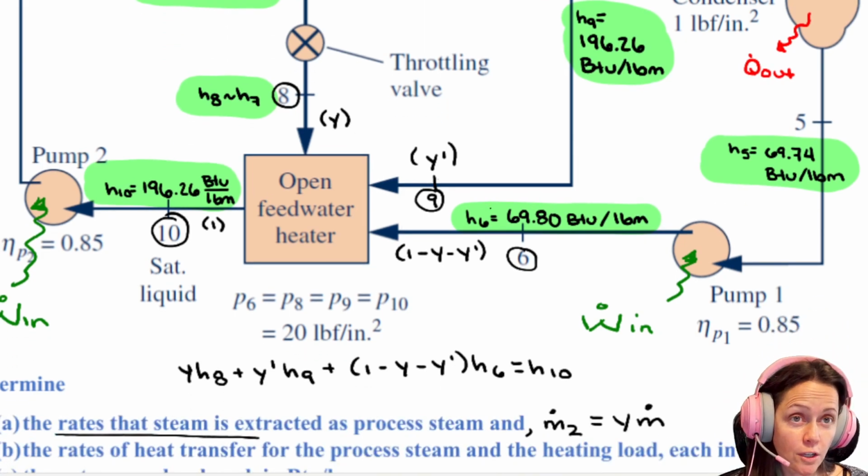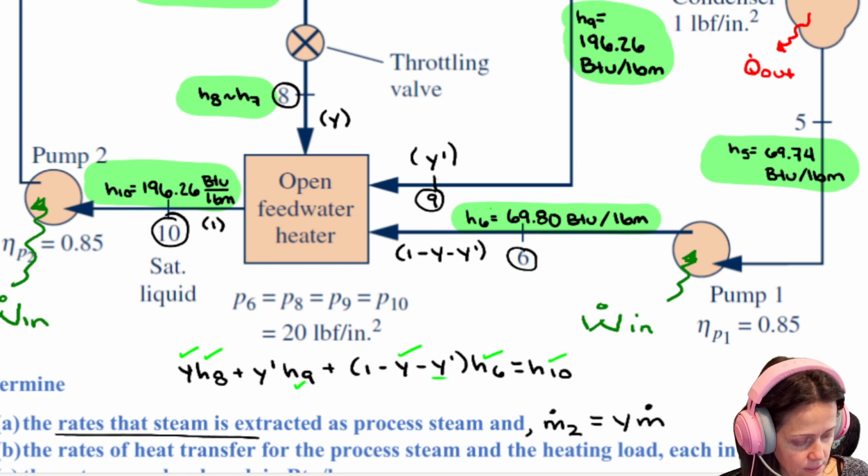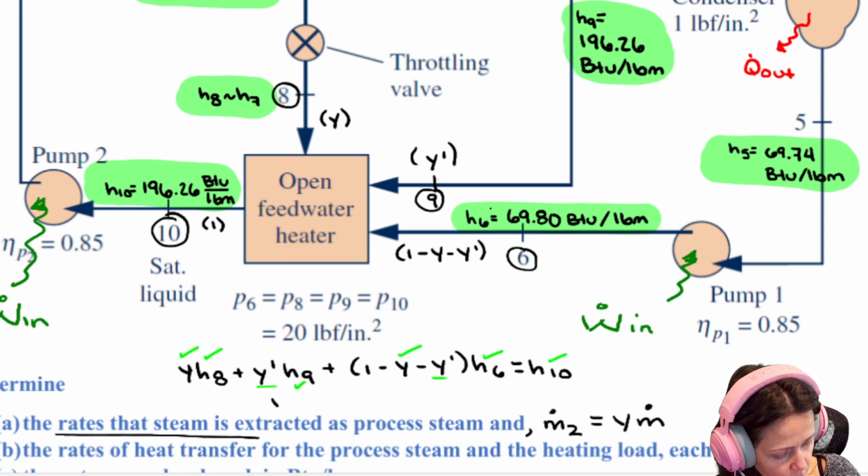If we have all of those h values, we've got everything except y prime, so I just need to solve for y prime.